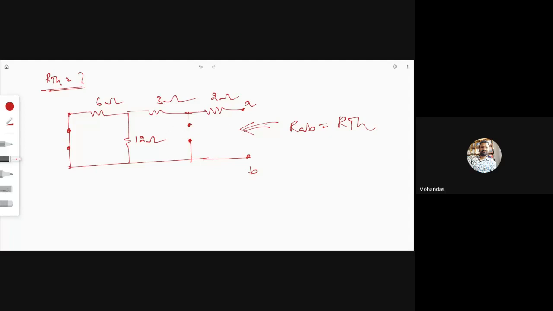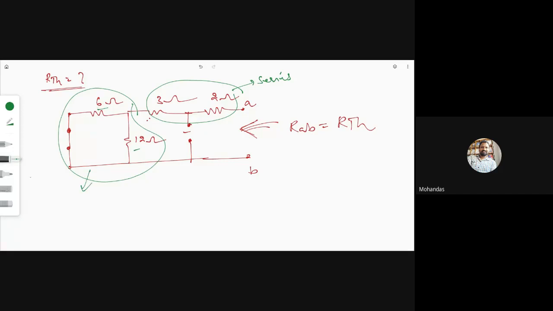Now if you see from this side, current is not flowing in this. How are this 2 ohm resistance and 3 ohm resistance connected? These two resistors are connected in series, and this 6 ohm and 12 ohm resistors are connected in parallel. Now, what is the value of this?